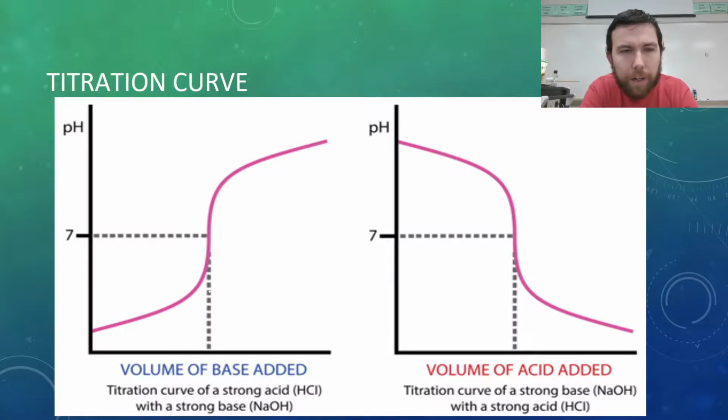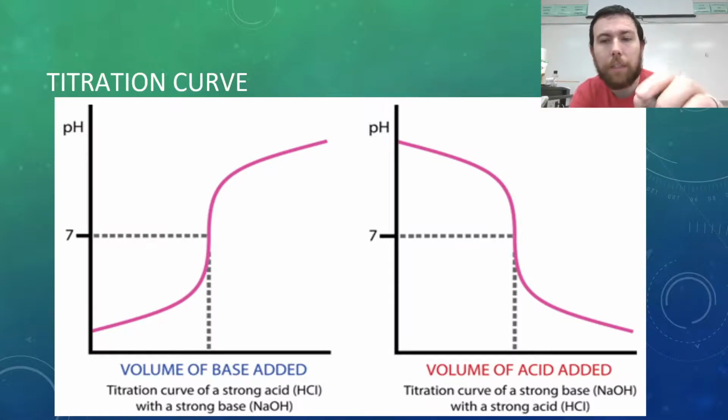Okay? And then, obviously, as more and more base is being added, there's a shift, right? So now there's less acid, and now there's way more base that's left over in the solution, right? Now, likewise, on the right, it's the flip, right? We're adding acid to a base, so we're trying to figure out the concentration of the base.